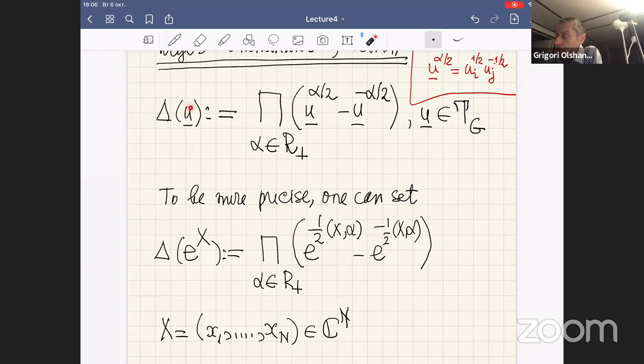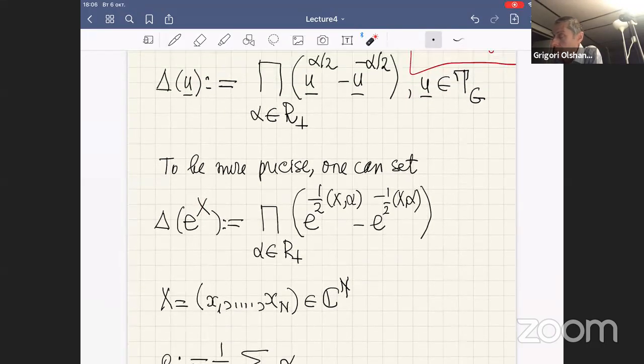So represent our diagonal matrix or our element of a torus as an exponential of its Lie algebra element. So just put, so assume that we have this.